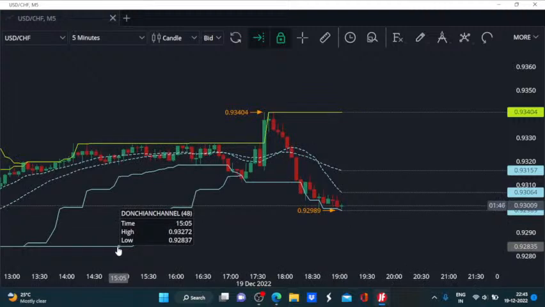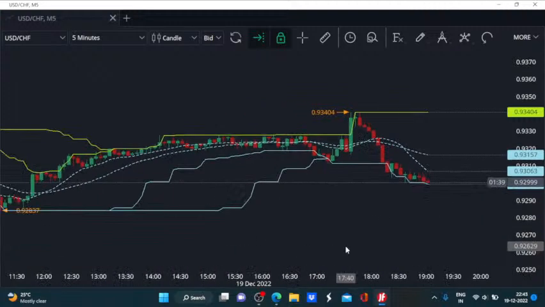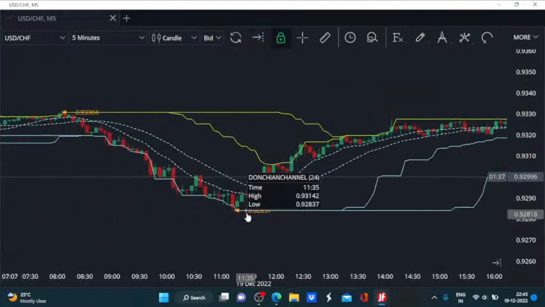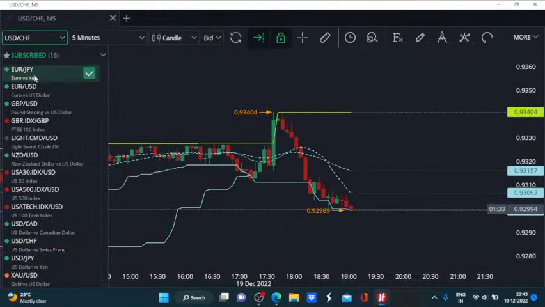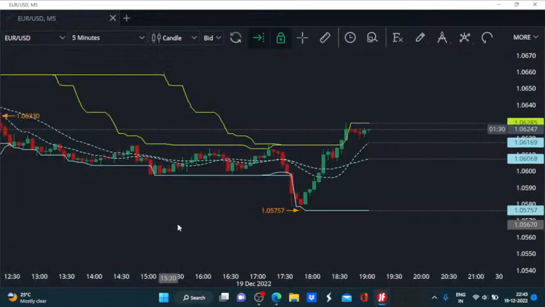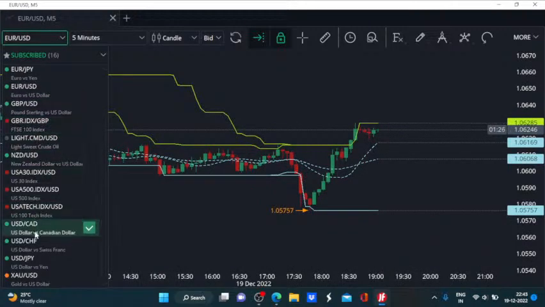The low was at 0.9283 actually, and it is almost 20 pips from the low reached earlier in the day, but it is trading quite strong just like the euro. So we will have to keep looking for the opportunities.